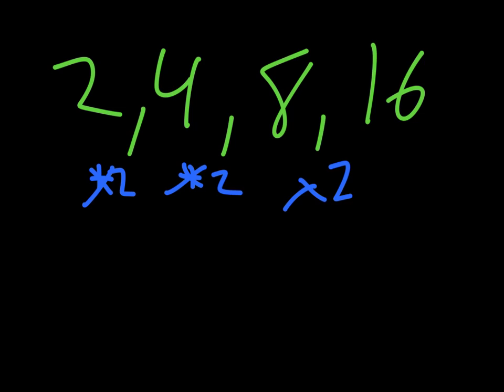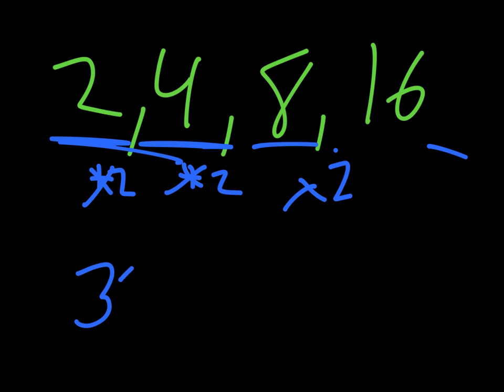So yes, multiplying works, okay? So the pattern is to multiply the original number by 2, by 2, by 2. So find the next two numbers in the sequence. 16 times 2 gives you 32, and 32 times 2 gives you 64. Perfect. Let's do another one.